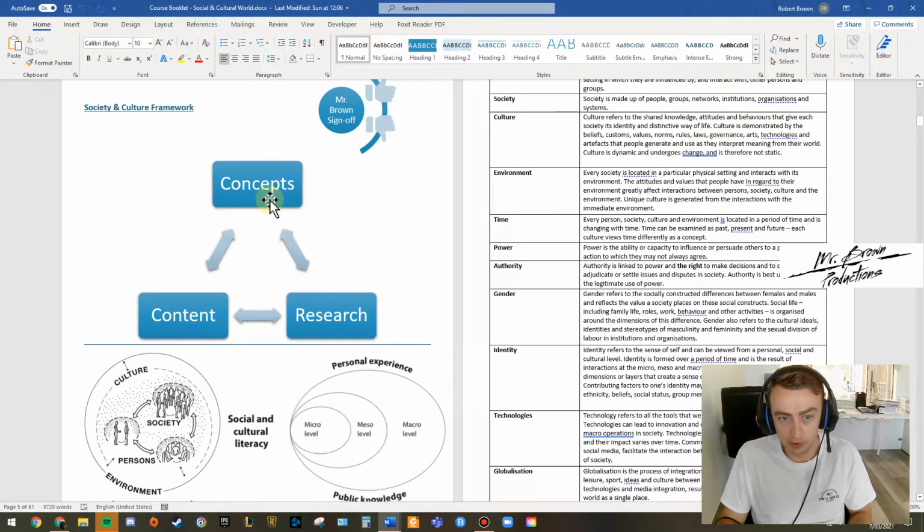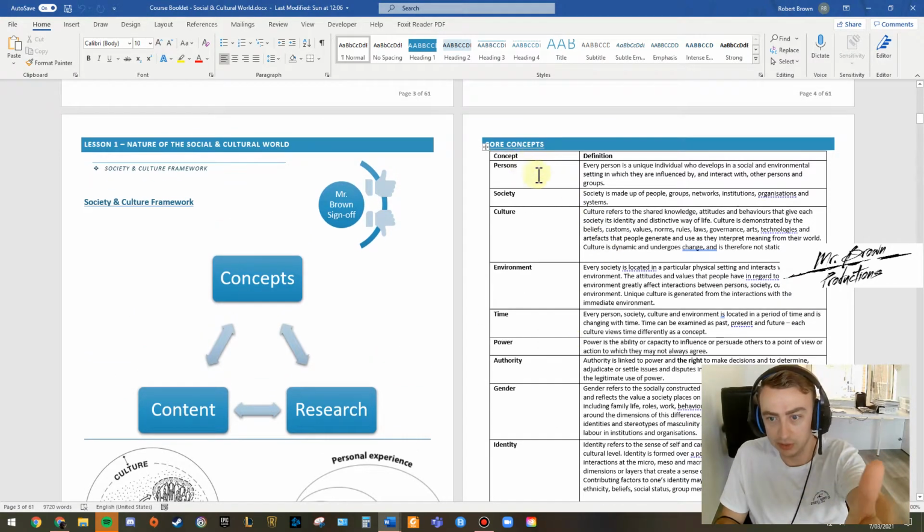Now, similar to concepts, a lot of the research is about practicing and rote learning the material required.